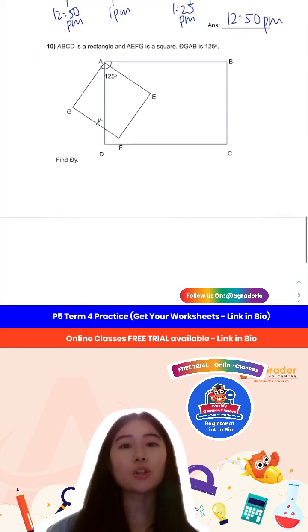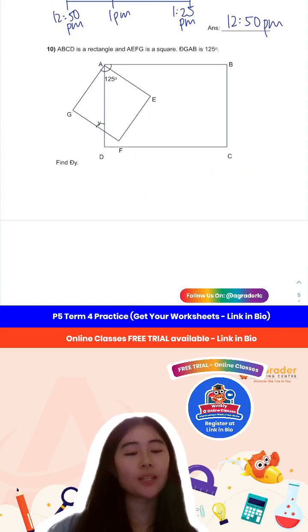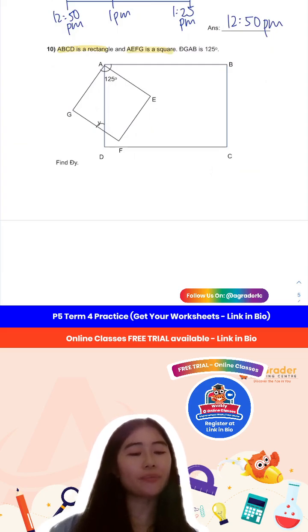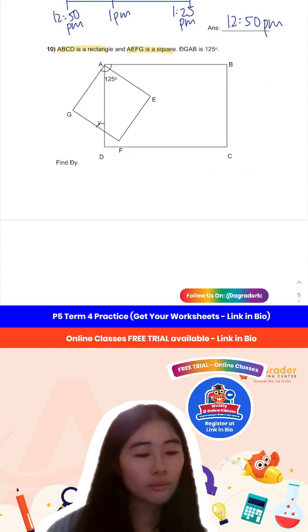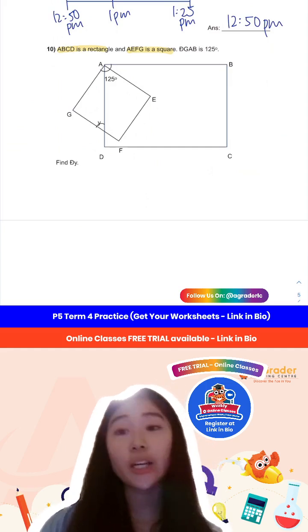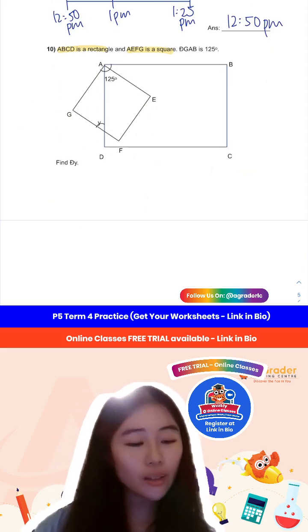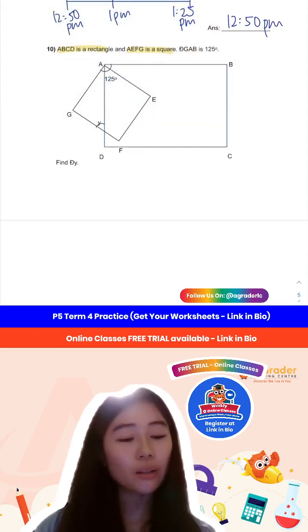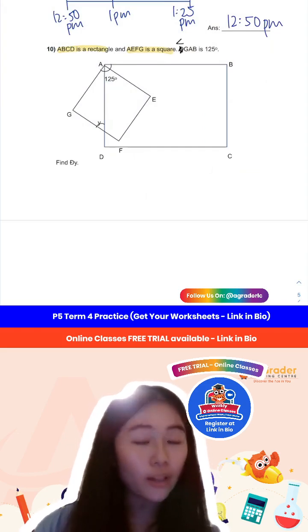So this is a geometry question. It says that ABCD is a rectangle, AEFG is a square, and angle GAB. Oh, okay, guys, I think today's worksheet, the formatting is a little bit off. It's not supposed to be D, it's supposed to be an angle sign.